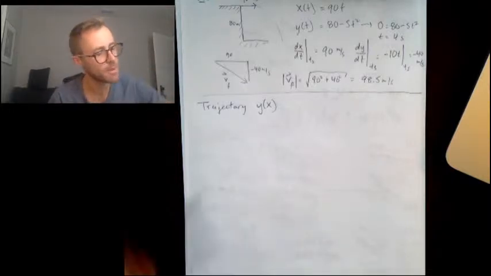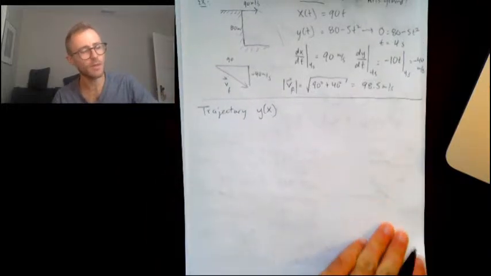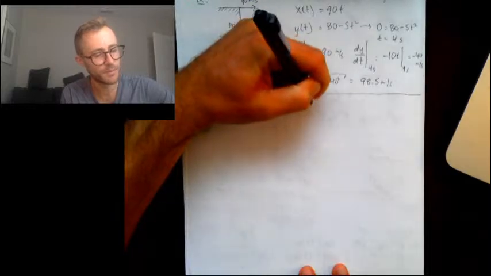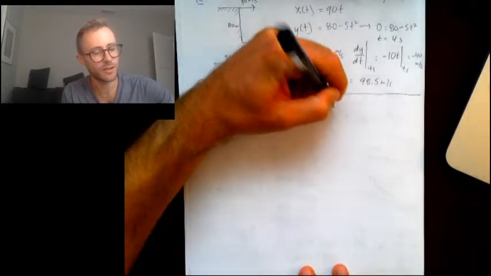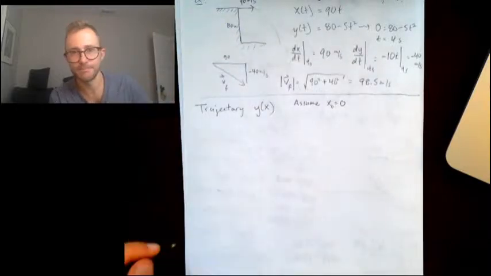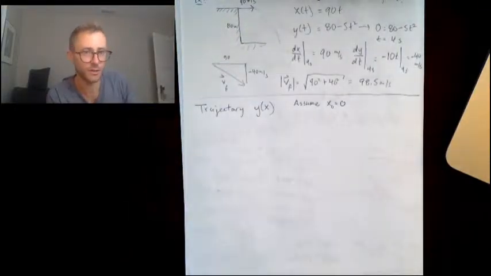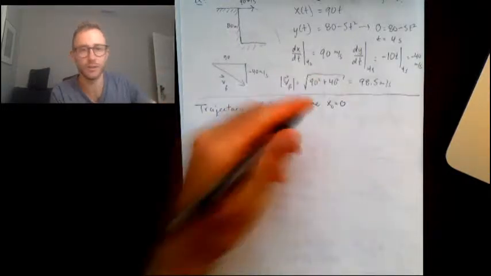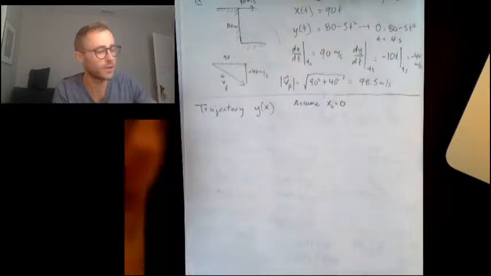So how can we get the trajectory? Well, we are going to assume x naught equals 0. We're assuming that it's launched from x naught equals 0.